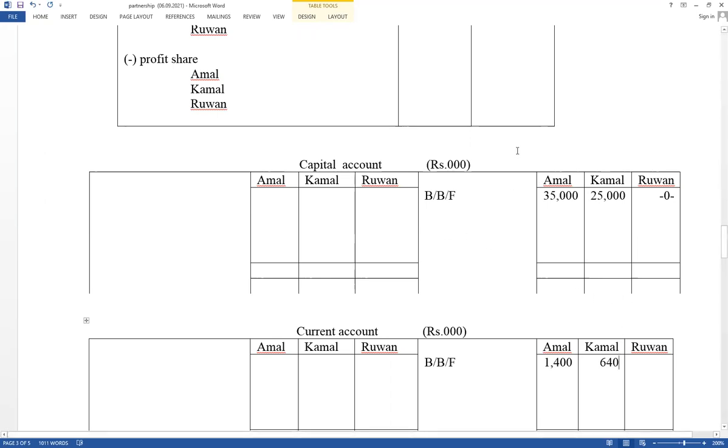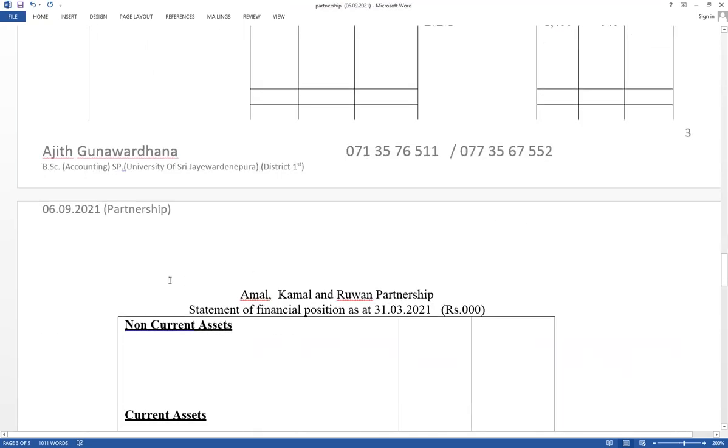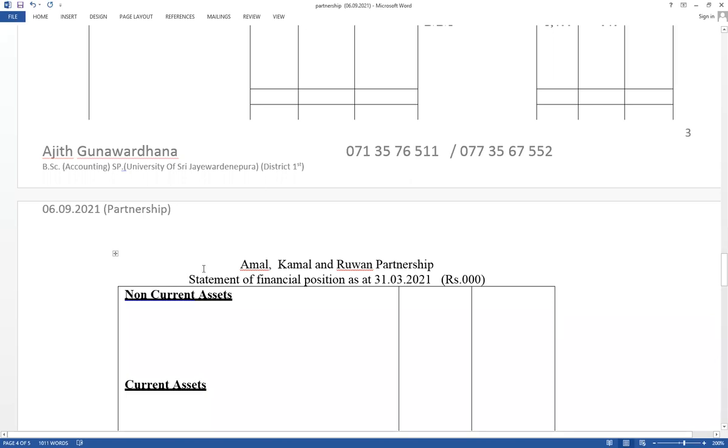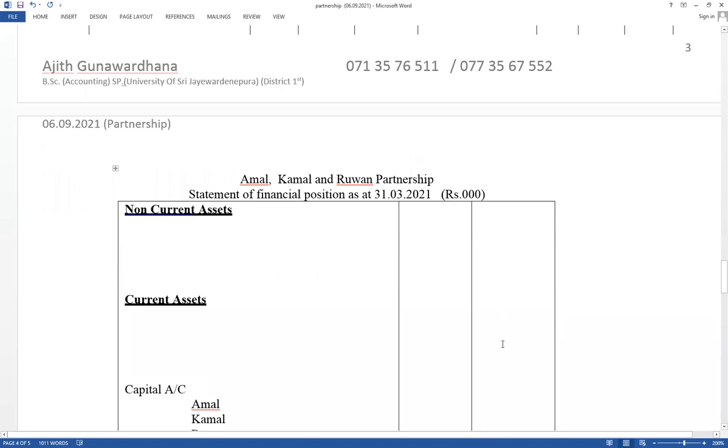Right? They don't ask for the financial position, but we can prepare the financial position also. Therefore, Amal, Kamal and Ruwan partnership statement of financial position as at 31st March 21. It is enough to have two columns now.